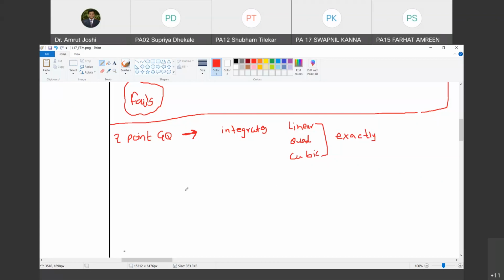Are you with me? Yes, sir. However, it doesn't integrate polynomials of higher order exactly within the limit minus 1 to 1. It does not integrate higher order polynomials. Happy? Yes, sir.